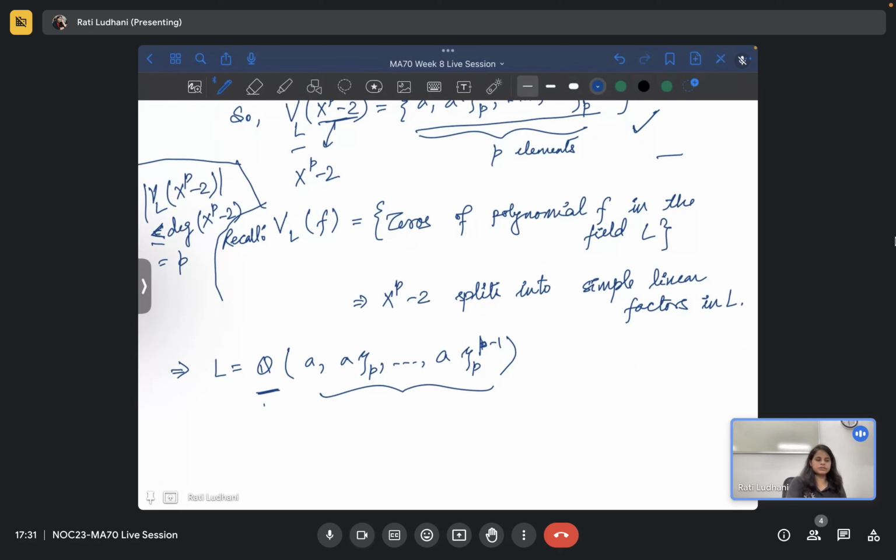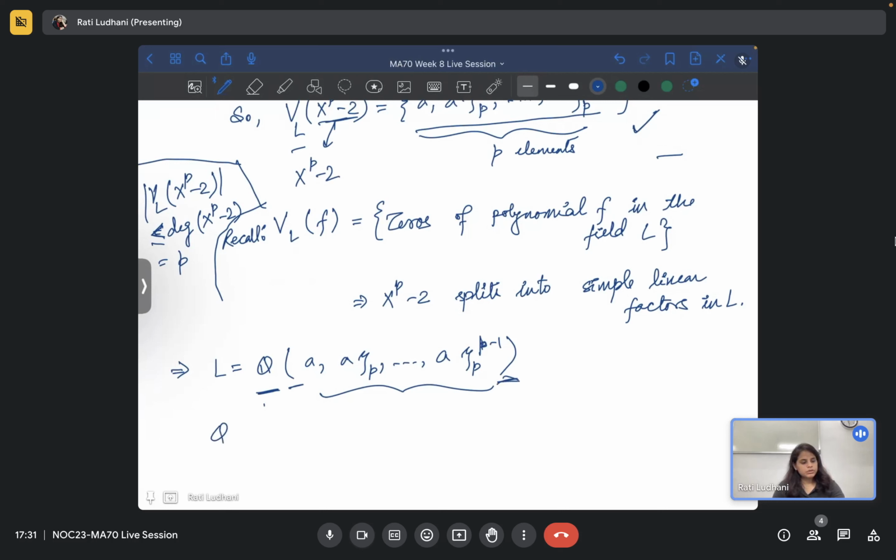That is a different thing. But at least we should have these elements in the field L. That means these elements should be there at least, and we should make that a field. So that's why we can use this.